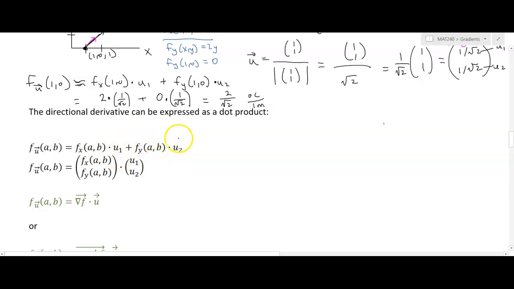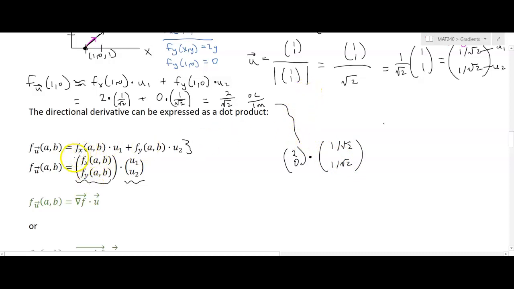So really what this represents is a vector containing the two partials multiplied by the two displacement components. So this was 1 over the square root of 2, 1 over the square root of 2, and this is our vector (2, 0). So back up here, we would say that this was (2, 0) dotted with (1 over the square root of 2, 1 over the square root of 2). We'll see soon why this is a really valuable way of writing it.